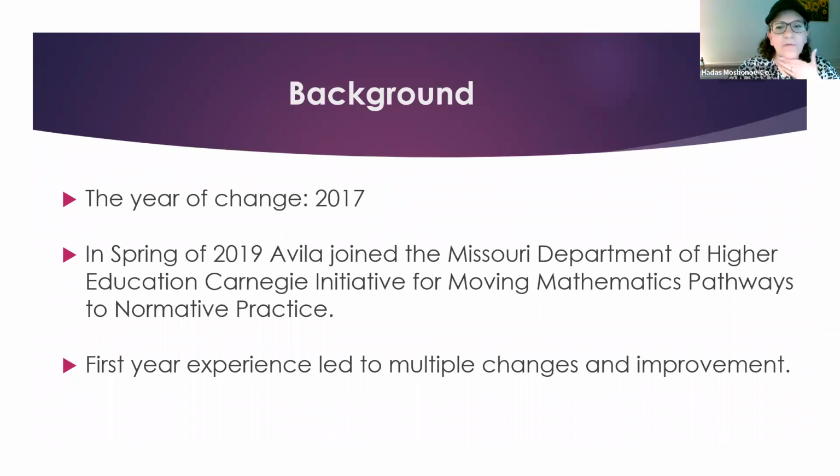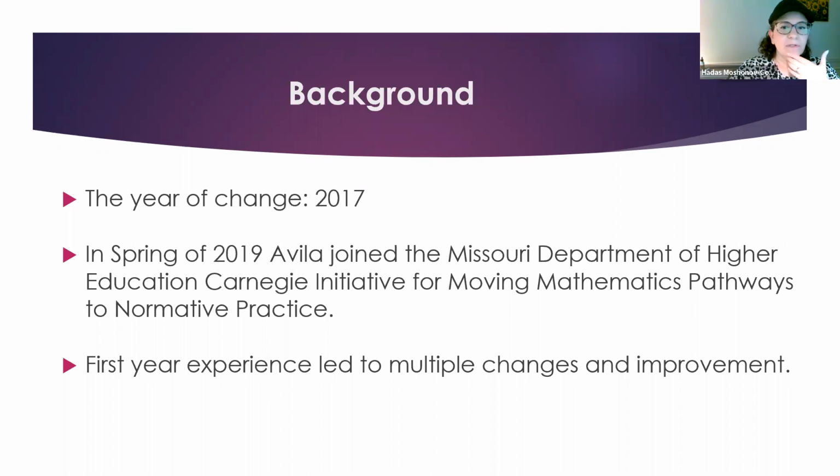In fall of 2017, that was the first semester that our math department offered courses using the Corequisite model. Up until then, we used the traditional developmental course sequence, meaning beginning algebra, intermediate algebra, leading all the way to college algebra.